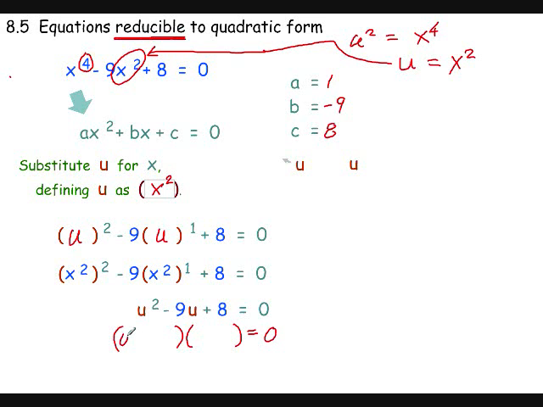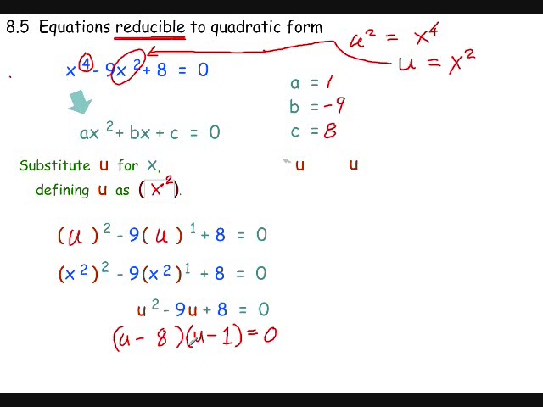Of course, the first term has to be u, and the rest could be many things, couldn't it? Well, we're looking for two factors of 8 that when we multiply them together give us a positive 8, and when we add them together give us a negative 9. Obviously, they're both going to have to be negative. And what would work? 8 and 1.